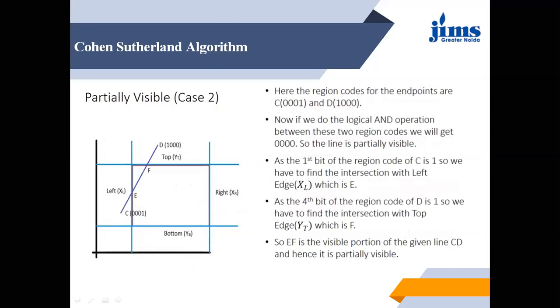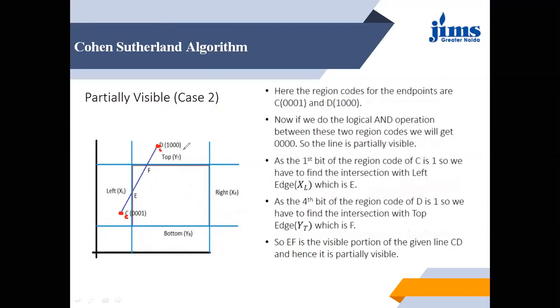This is the second case of partially visible, in which you can see over here that these are two different endpoints, that is C and D, where the region code of point C is 0001 and the region code of point D is 1000.